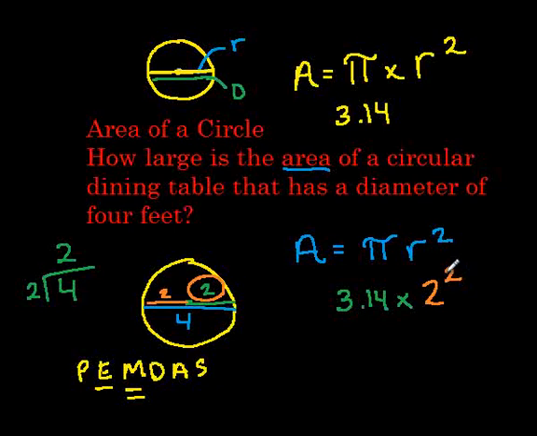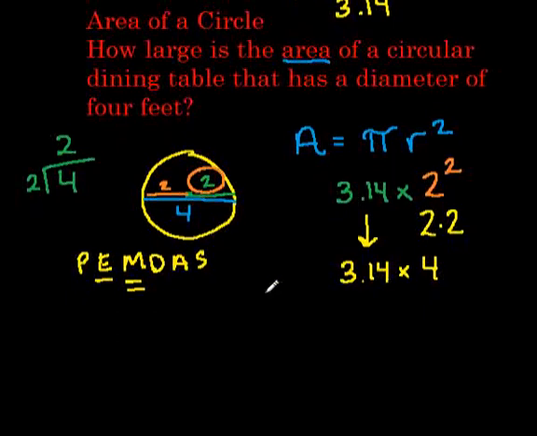That's what the little raised number means: I have whatever it's raised to, in this case 2, of them. So 2 times 2 is 4. This comes down, 3.14, that's my pi. Now I just need to multiply 4 times 3.14, and I'll have the area of that circle.